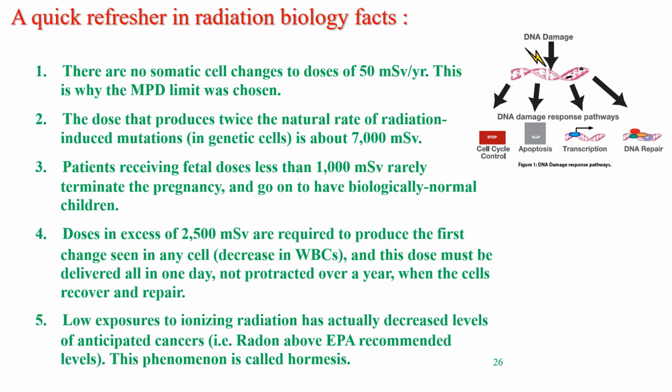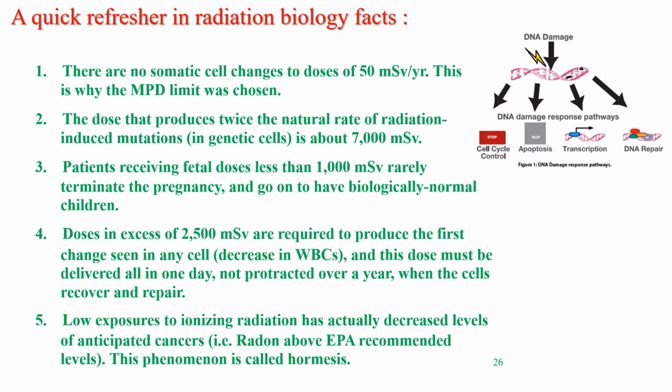Another fact about radiation is that the dose that produces twice the natural radiation-induced mutations in cells is about 7,000 millisieverts. We can also look at the effect of ionizing radiation on a fetus.